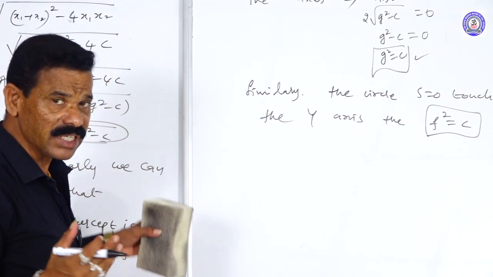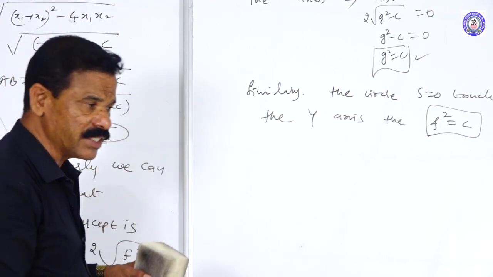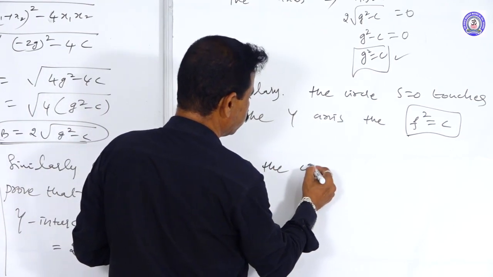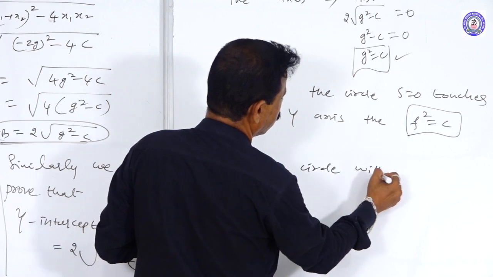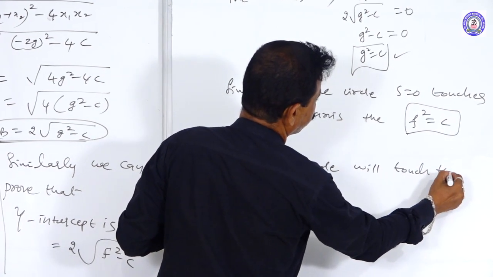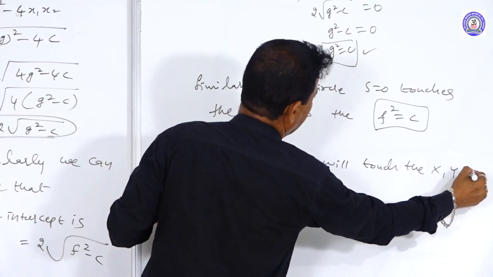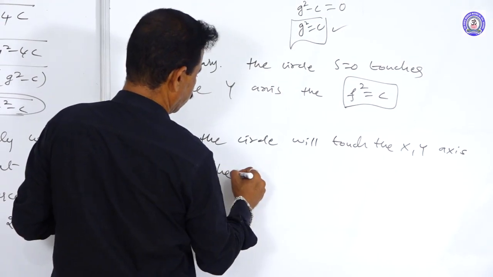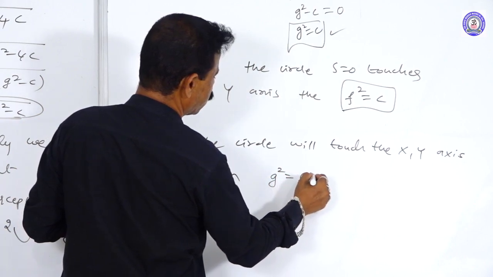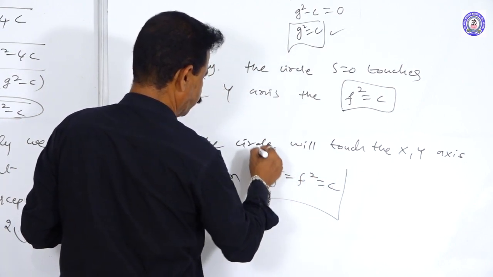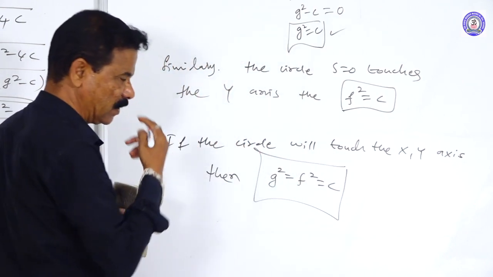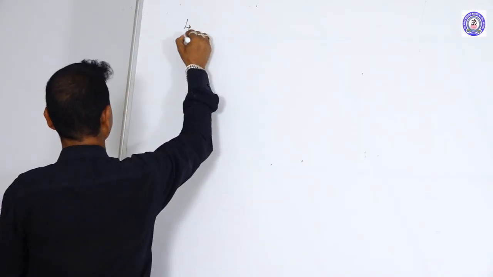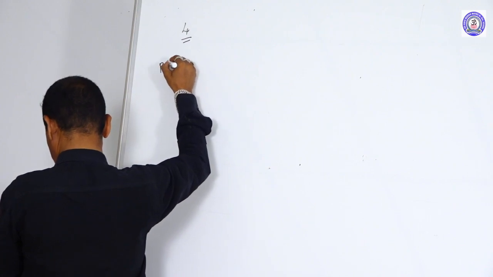Another way, if the circle touches both the axes, x and y-axis, then what? If the circle touches the x and y axes, then g square is equal to f square is equal to c. Those values are equal.